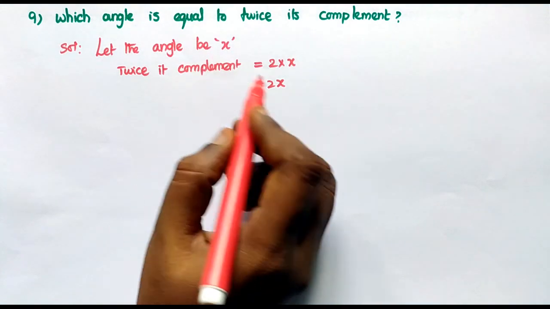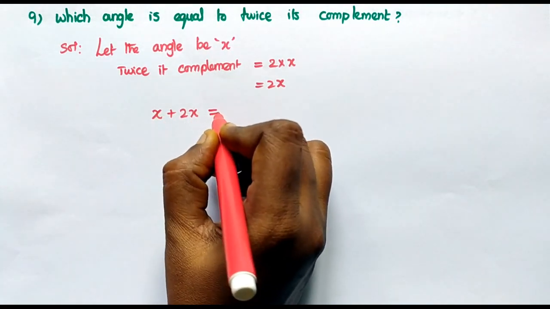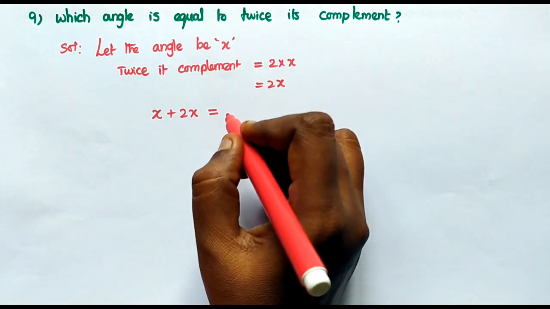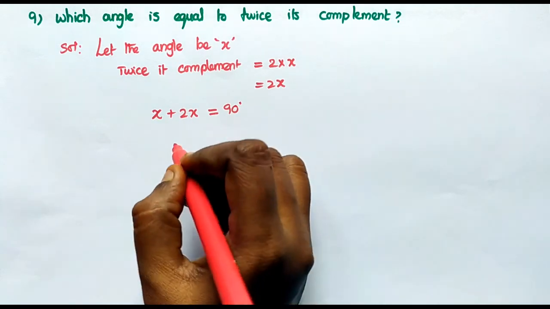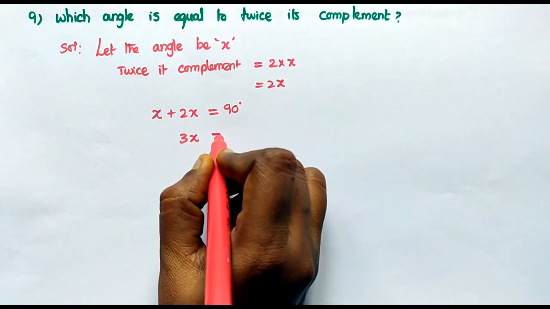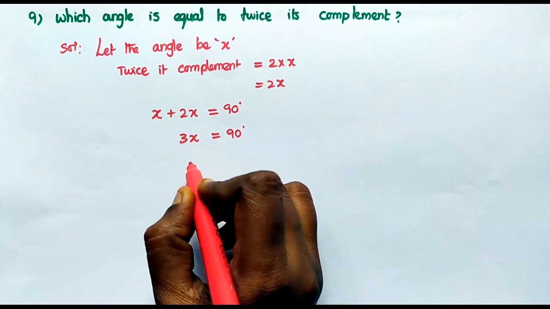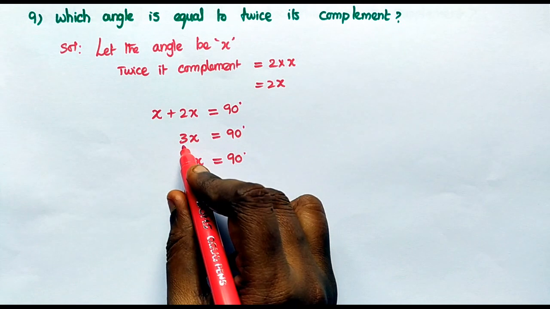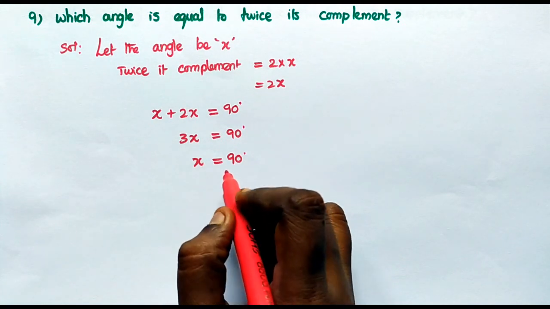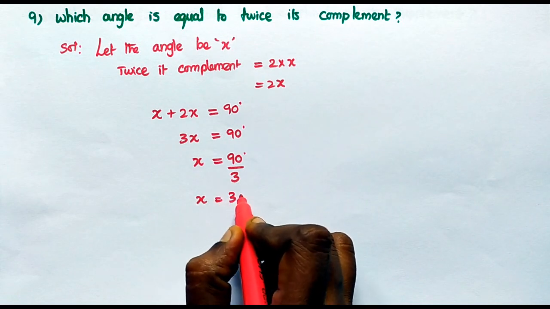So add these two angles, x plus 2x, we get what angle? Complementary means 90 degree. So x plus 2x equal to 3x equal to 90 degree. So x equal to 90 degree, here 3 is in multiplication, bring this side means division. So x equal to 30 degree.